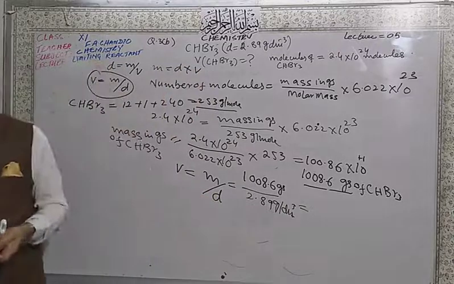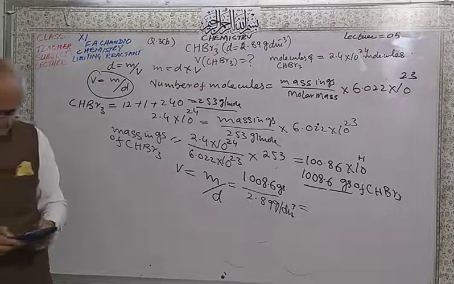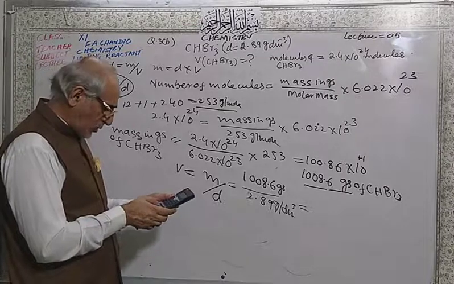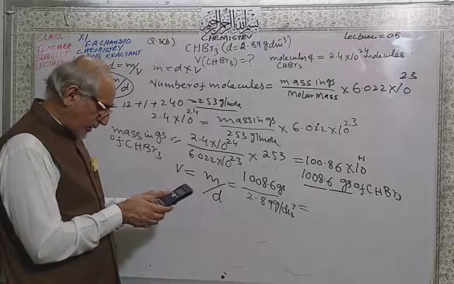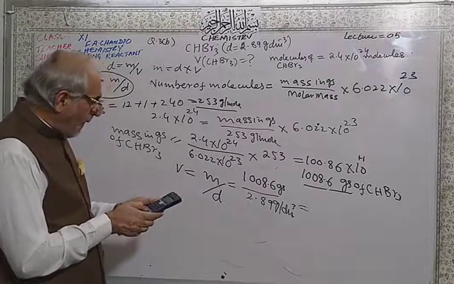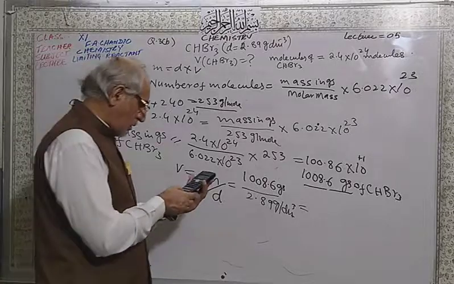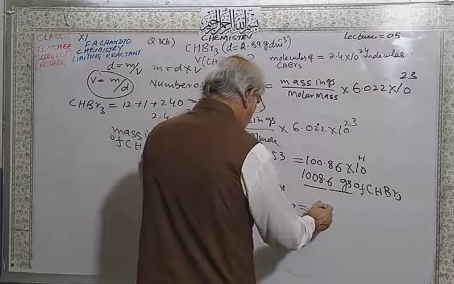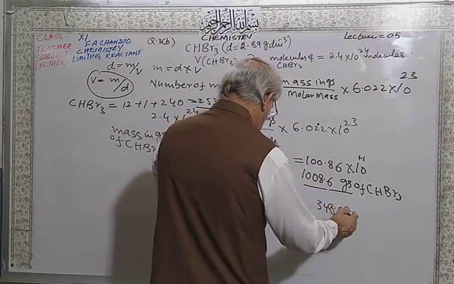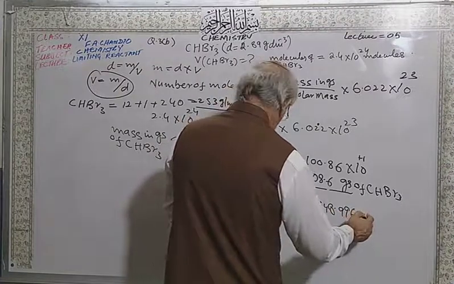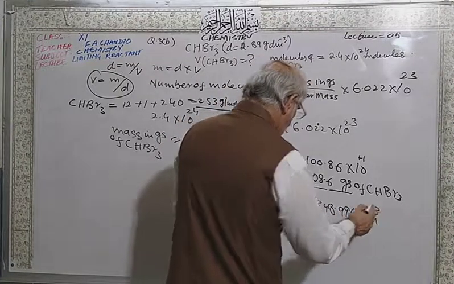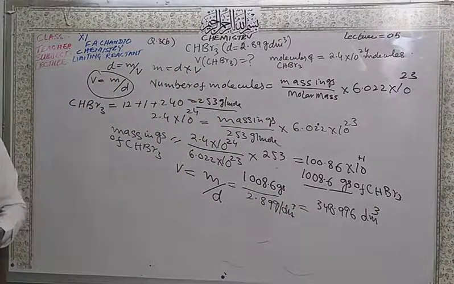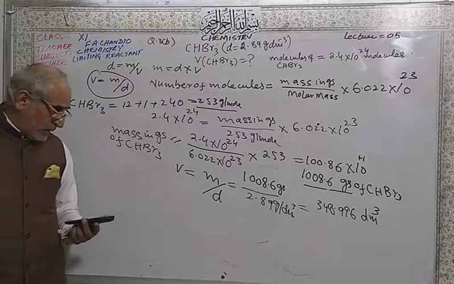So 1008.6 divided by 2.89, the answer is 348.996. Volume is in decimeter cube. Yes, correct. This answer is correct.